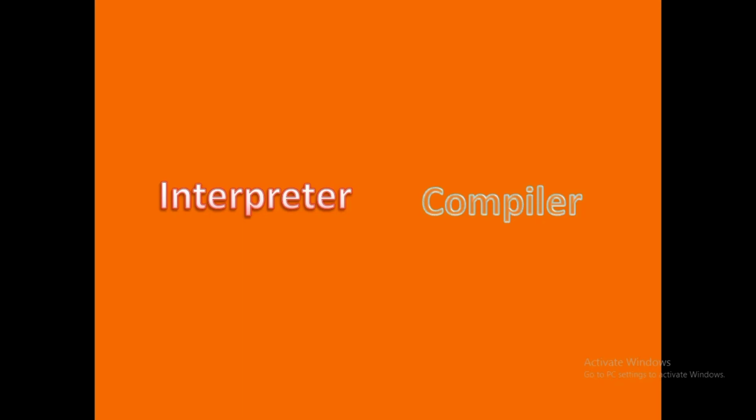Suppose the program is of 5 instructions. The interpreter will translate one instruction at a time and give the error if there is any. Like that, it will run 5 times, translating the 5 lines one by one. But the compiler will translate the whole program at once. So this is the difference between interpreter and compiler.